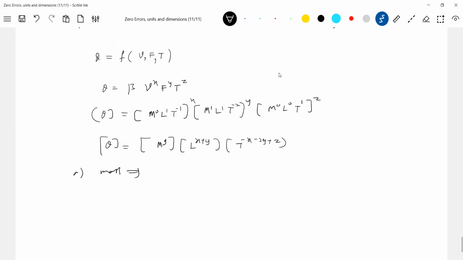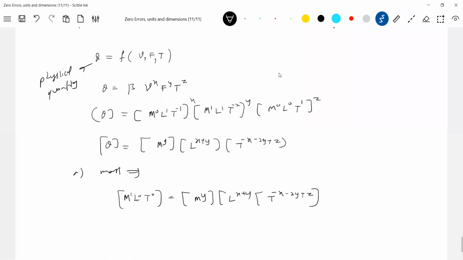If the quantity is mass, how do we express mass in terms of velocity, force and time? The dimensions of mass are M1.